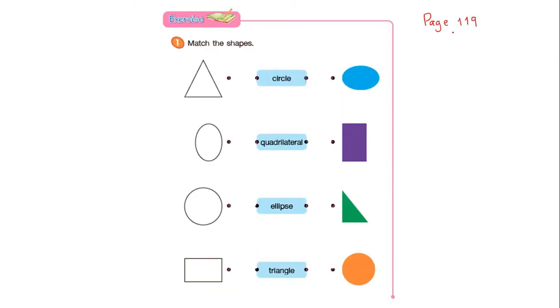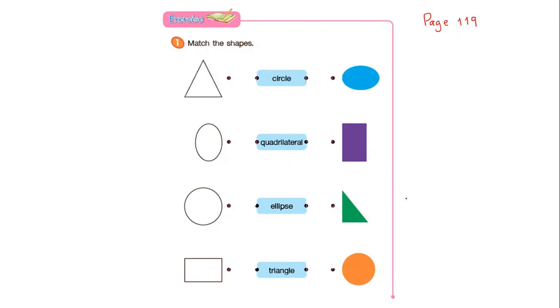Okay, so match the shapes. We have names: circle, quadrilateral, ellipse, and triangle. We have this side the outline of shapes, and here we have got the shapes that are colored.